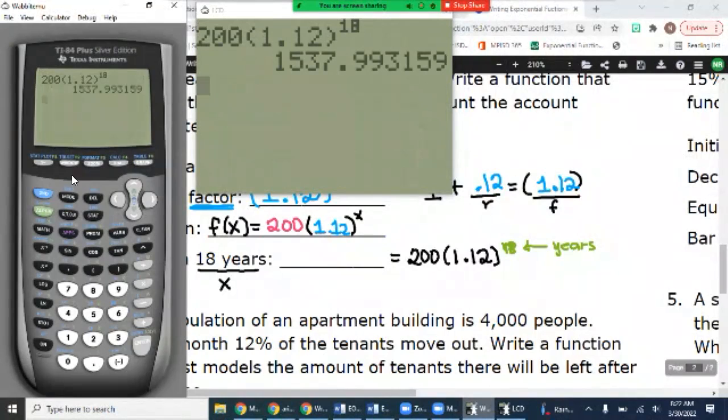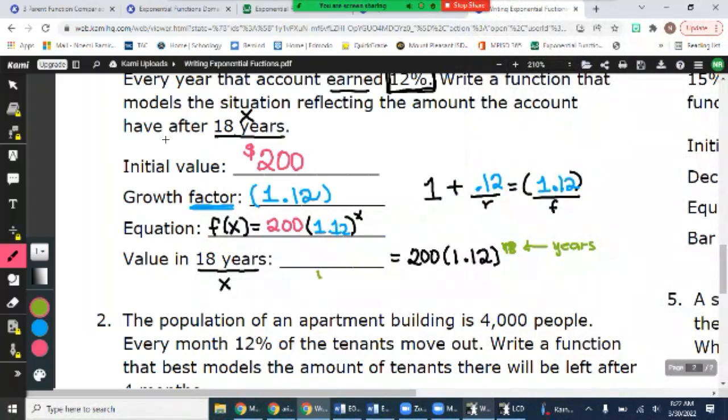$1,537.99. We're describing what? Your Y value describes what? No, X describes a time. Your Y describes the amount. Remember, our initial value was a dollar amount, an amount in dollars.